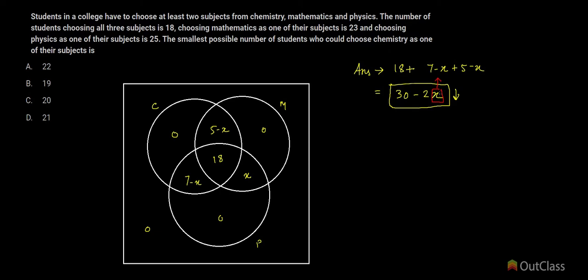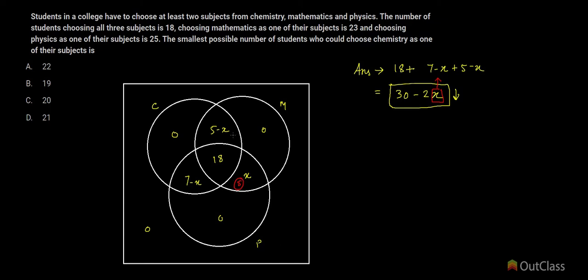Now what's the maximum value I can give for x? You have a 5 minus x here, you have a 7 minus x here, you have an x here. Remember that every segment in a Venn diagram has to be a non-negative integer when we are talking about number of people. So then you will see that the maximum you can throw here is a 5.